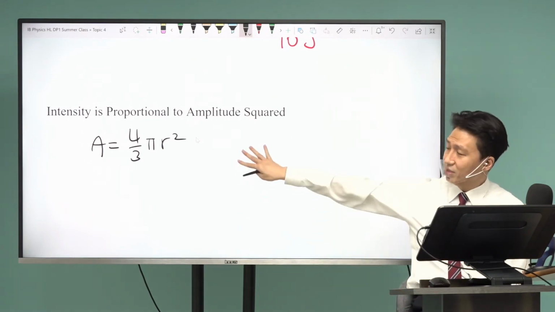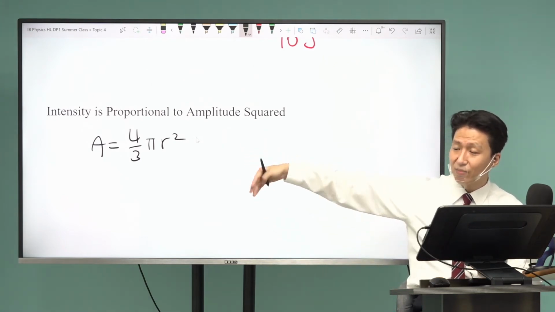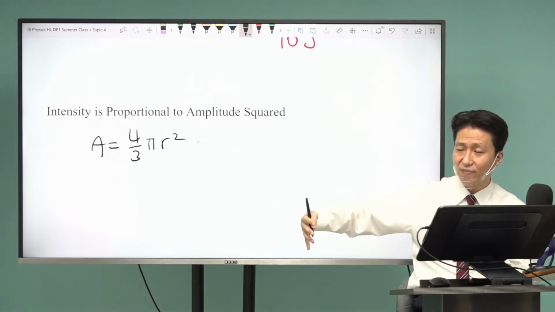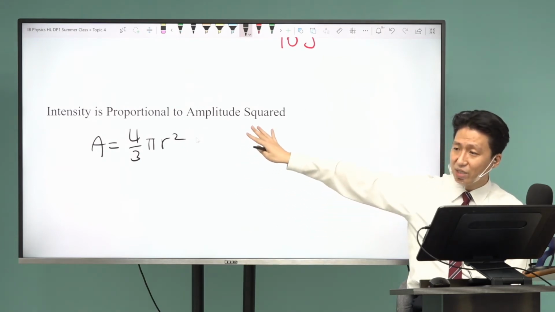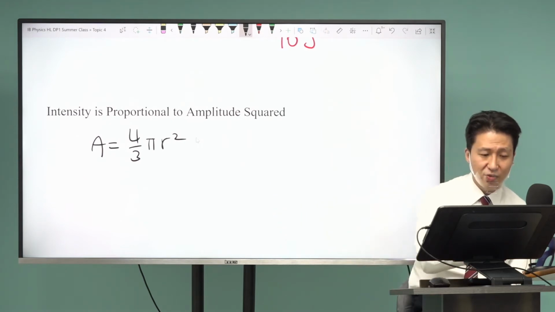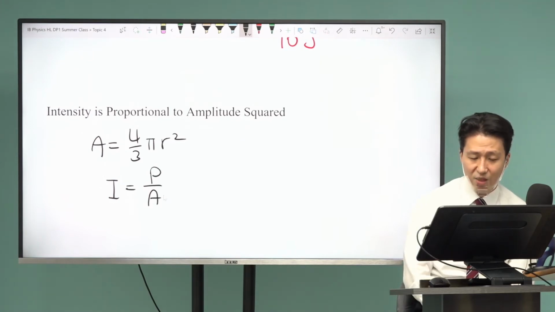And r is the radius. So if you have a bigger r, you have more area, or the square of the area, right? So if you double the radius, the area is 4 times as much. But remember, all this energy is evenly distributed along the surface, right? So we have the intensity is equal to the power divided by the area, right?